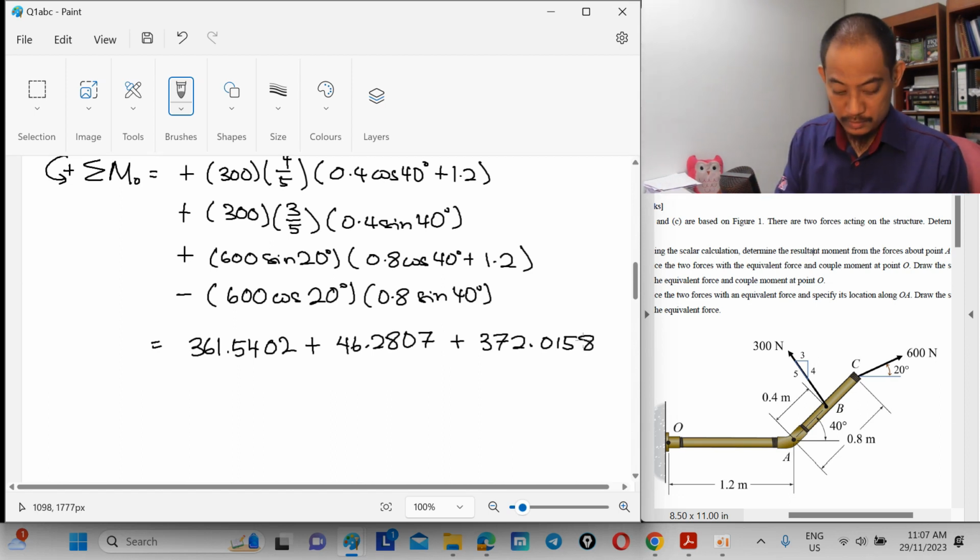Just verifying. 1.2 times 1.2 plus 0.8 times cos 40 times 600 times sine 20.